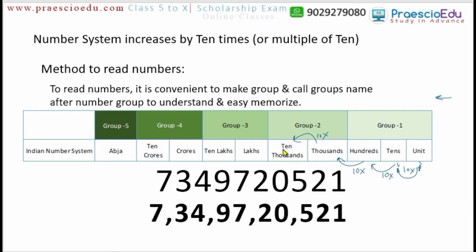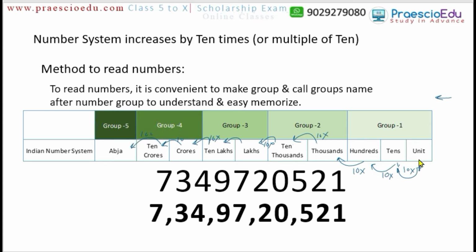Then 10,000s to the lakhs is also multiplied by 10. The same for the 10 lakhs. After the 10 lakhs, if we multiply by 10, we get the crores. From the crores to the 10 crores, also 10 times. And from the 10 crores to the abja, the same 10 times.